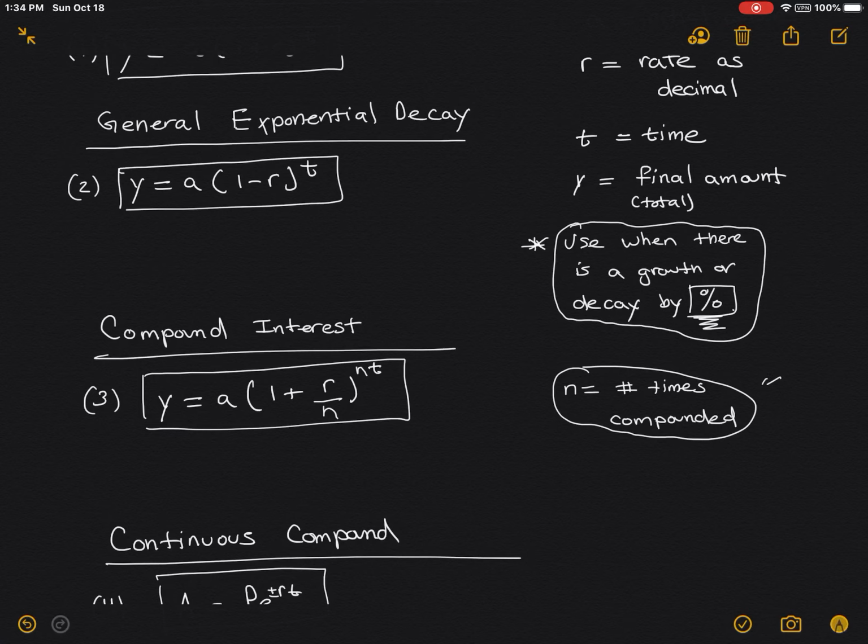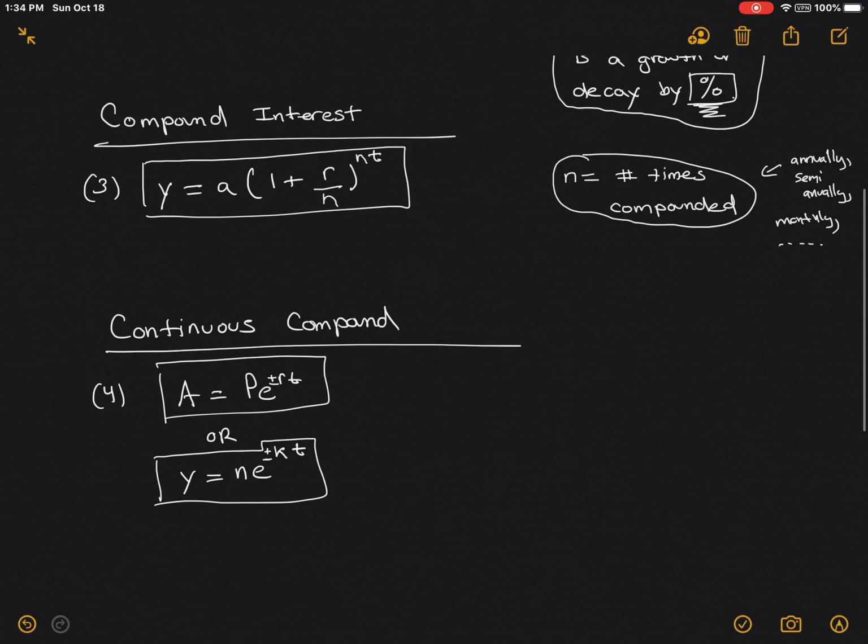You use that when they say compounded annually or semi-annually or monthly, etc. You'll see that in the word problems themselves.